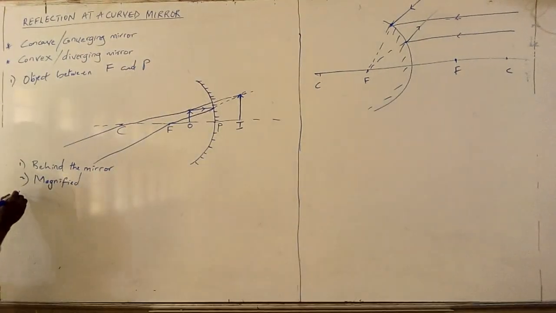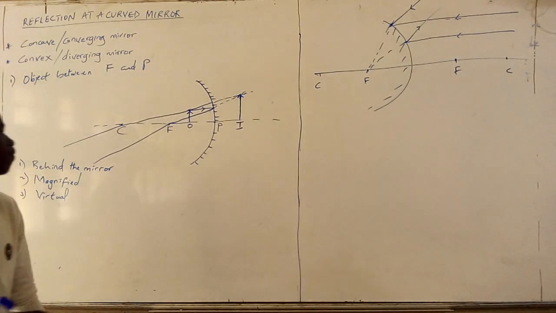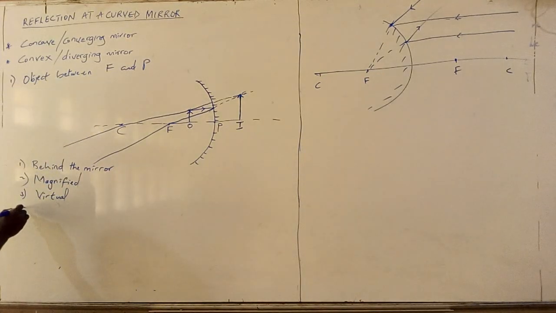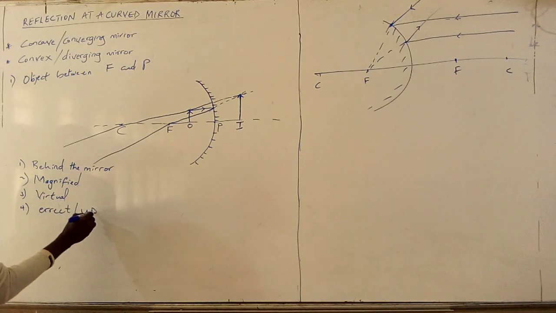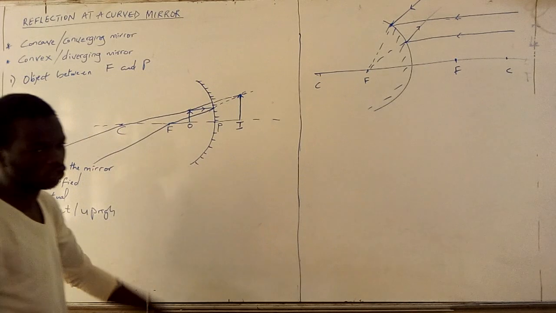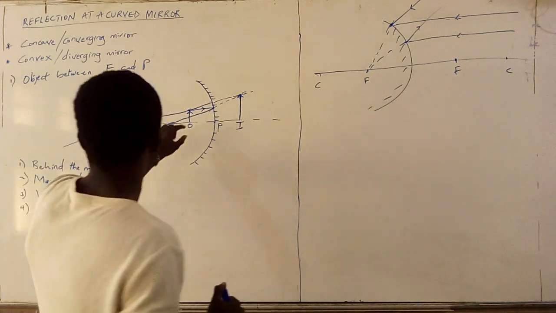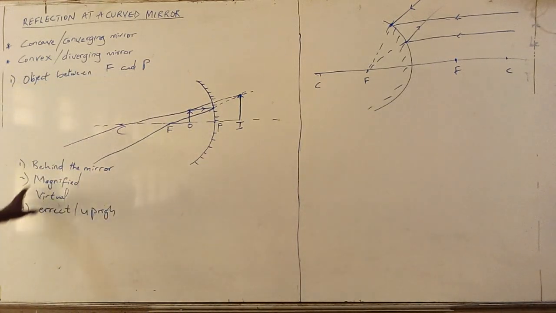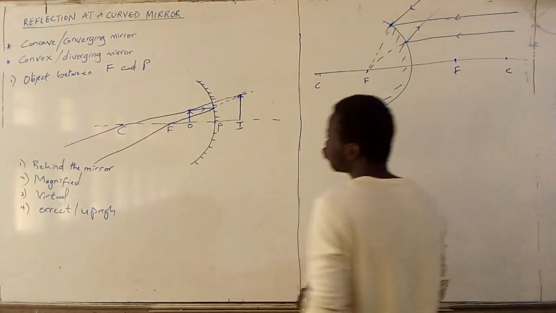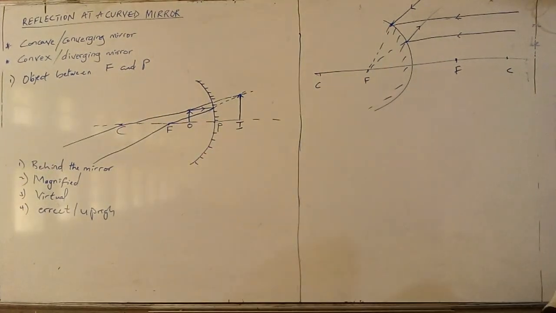So we have a virtual image produced at the back. Then another thing is the image is erect, or we can just say upright. You can see it's standing right, parallel to the object. So these are the properties of the image formed when an object is placed between F and P.